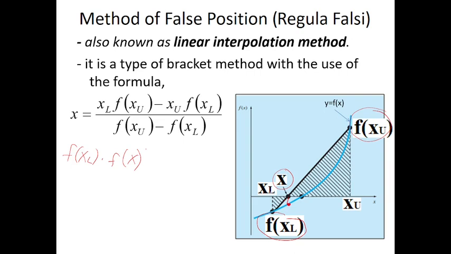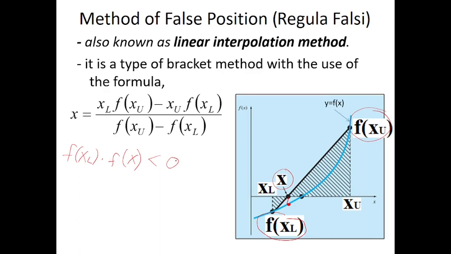so there is a new point here. If we multiply the two and it is less than 0, what will now be the outcome? The outcome is we will have a new value of f of x sub L. So this is f of x sub L times f of x less than 0.